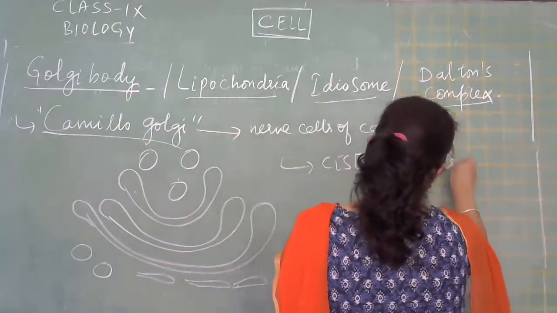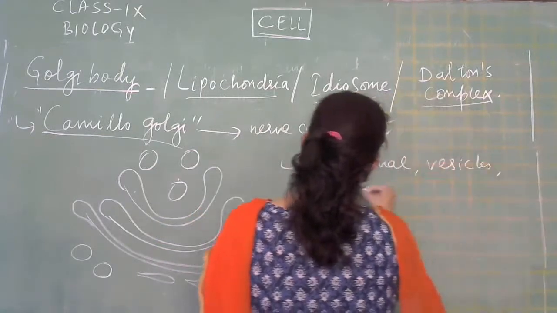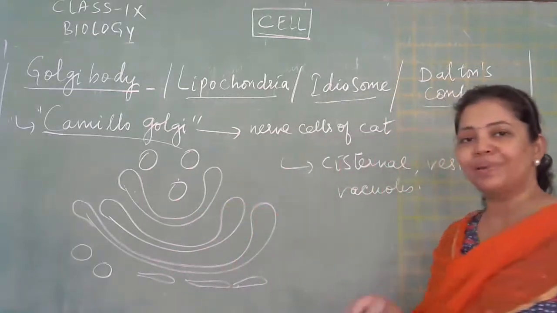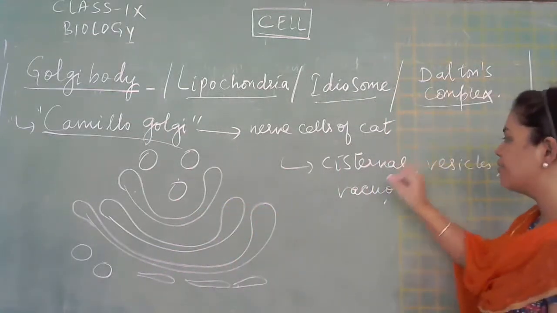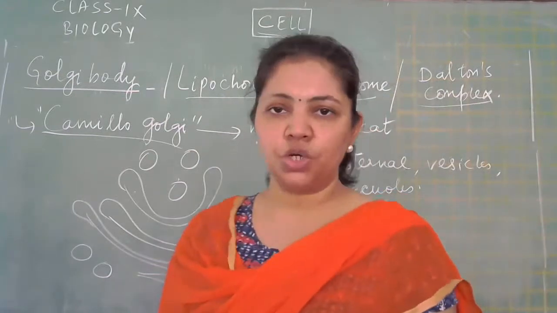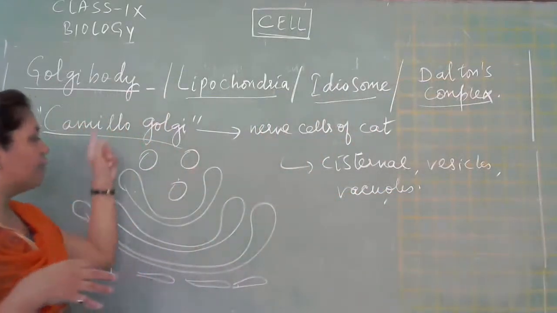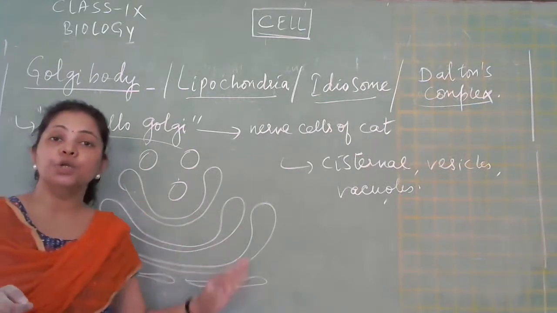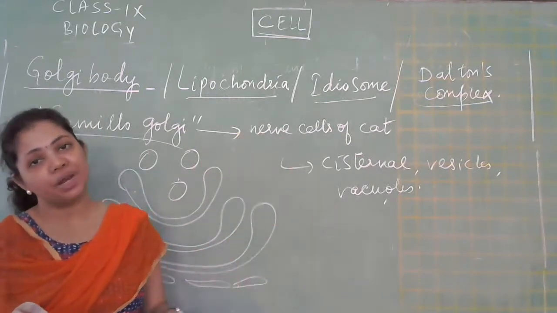And with reference to the structure, it is also composed of cisternae, vesicles and vacuoles. Yes, in place of tubules, here we have got vacuoles, right? And like endoplasmic reticulum, the structure of the membrane of Golgi complex is also similar to that of plasma membrane.